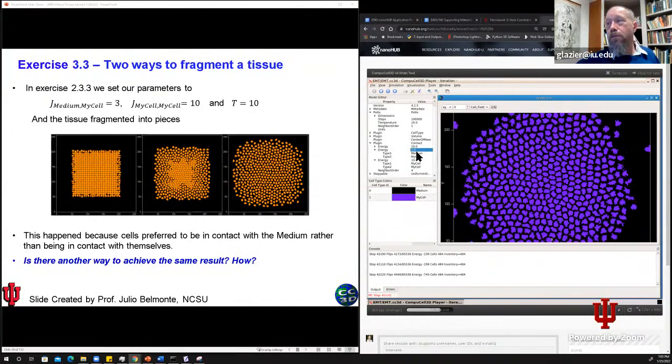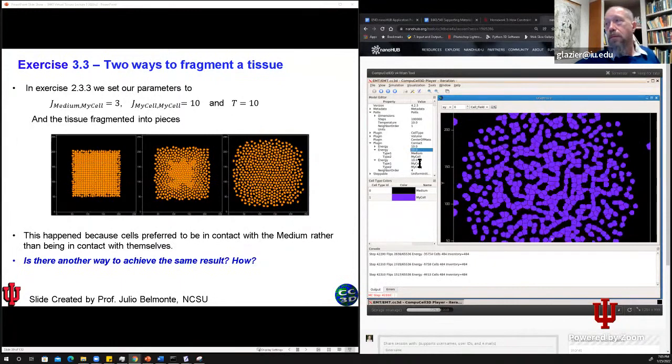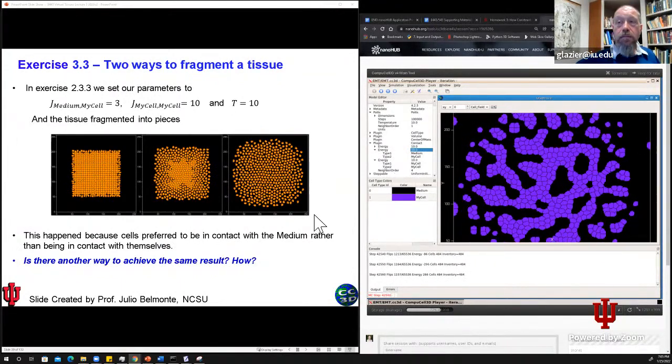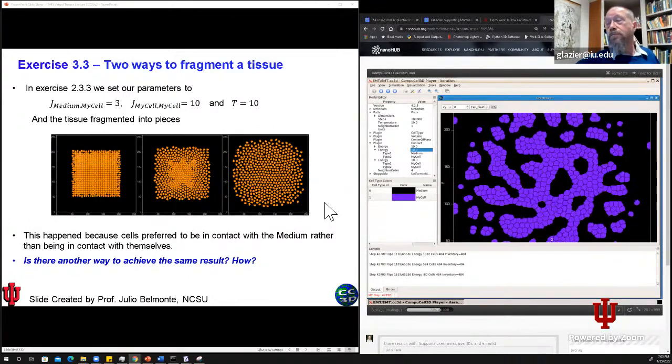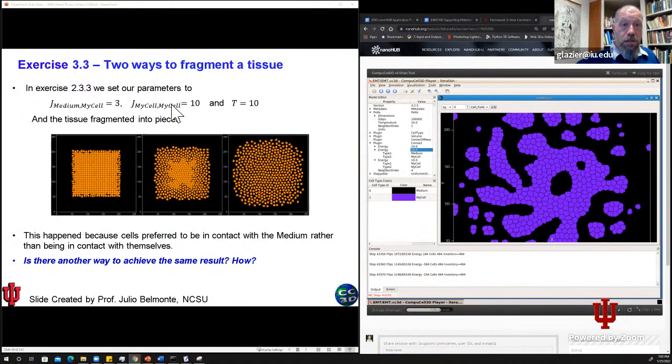I don't have that many parameters to play with. But what else could I do to make the system fragment? I said before, what matters is the ratio of cell medium to cell-cell contact energy.